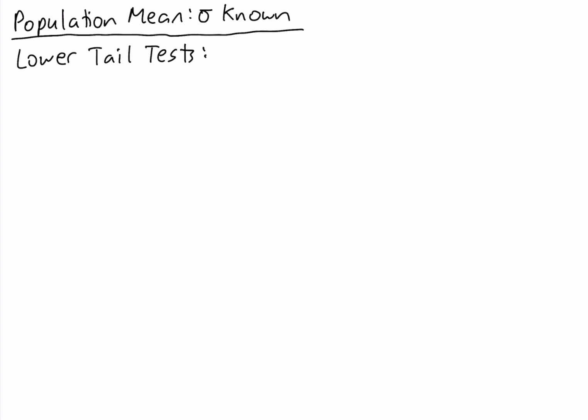So remember, lower tail tests look like this. The null hypothesis is that the population mean is greater than or equal to some value mu naught, and the alternative hypothesis is that the population mean is less than that value mu naught.